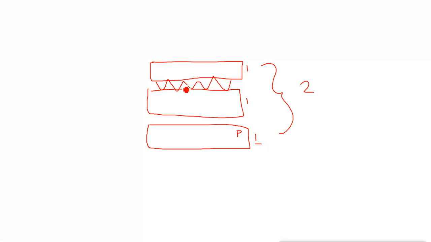Because it is doing the striping here, you will get the performance for reading and writing. You will get the combined space of these two disks, and then with this parity you will get the redundancy. That means if any of the disks goes down, for example this first disk, you can still get the data from these two disks.